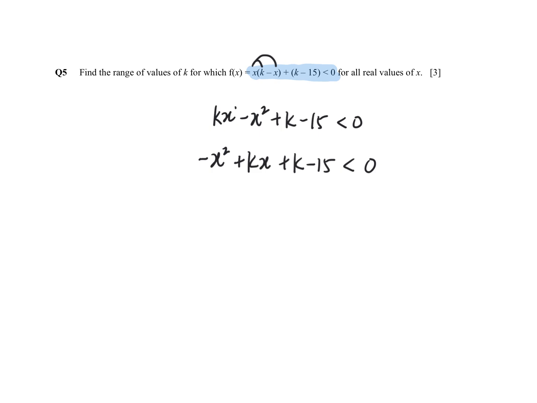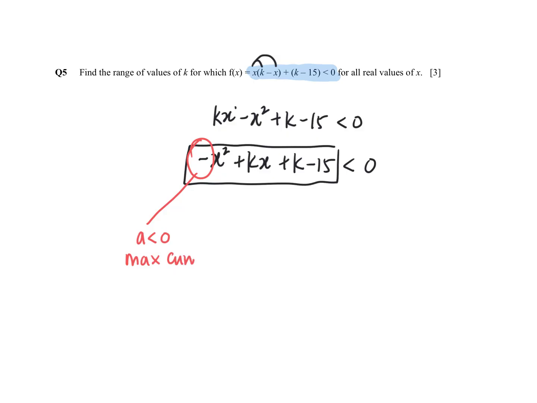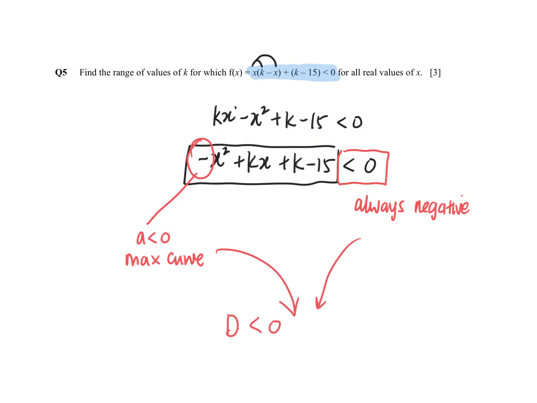What you can do is think about this graph. First of all, it is negative. Okay, it is negative, so it's a maximum curve. And if a maximum curve is always negative, okay, it's suggesting to me that discriminant must be less than 0.